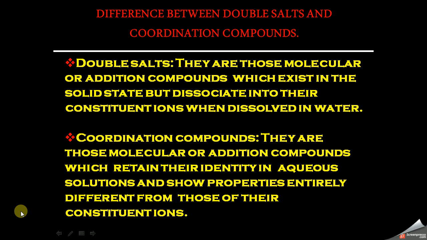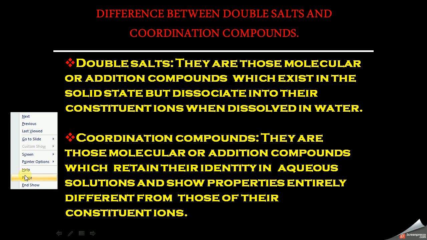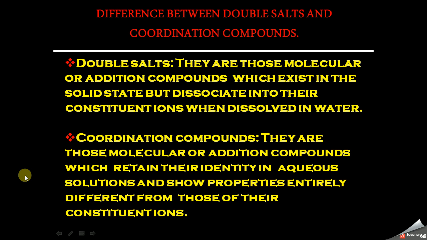Then, the difference between a double salt and a coordination compound. So double salts are those molecules or addition compounds which exist in the solid state but dissociate into their constituent ions when dissolved in water.